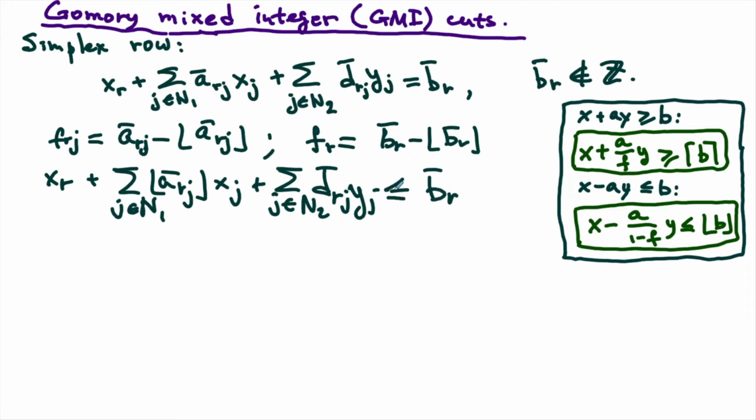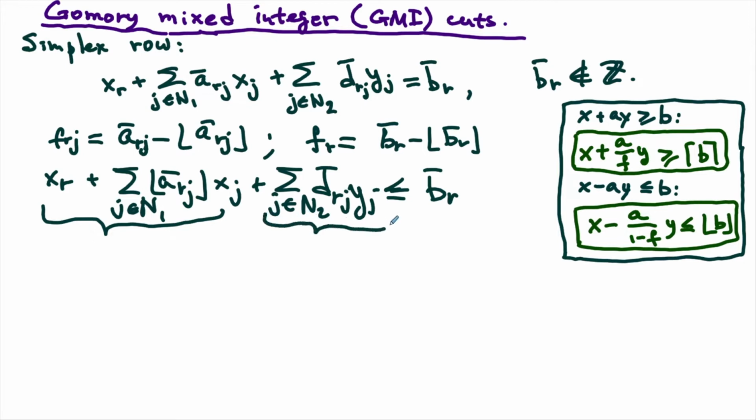So now actually we have less than or equal to, because we rounded down the coefficients for our variables xj's.